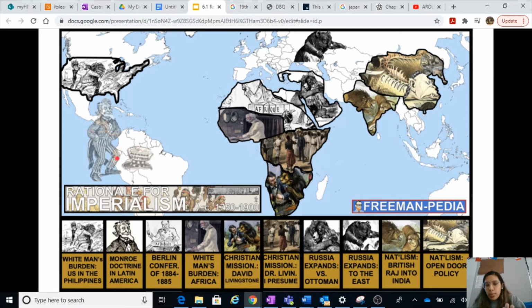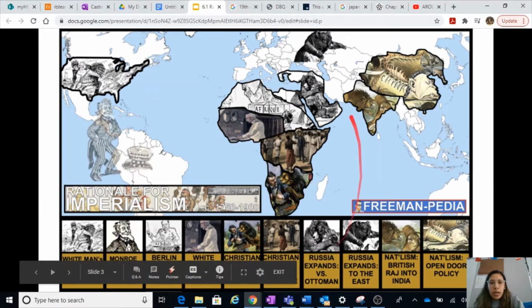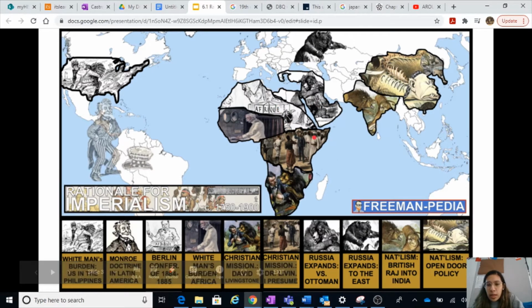Just keep in mind that we have all of these different European powers, Russia, the British, the French, a lot of different European powers going out and conquering Africa, the Middle East, China, and also India. India is always important. That is basically what this whole unit is about, how these different European countries and non-European countries are going out and establishing their overseas empires.